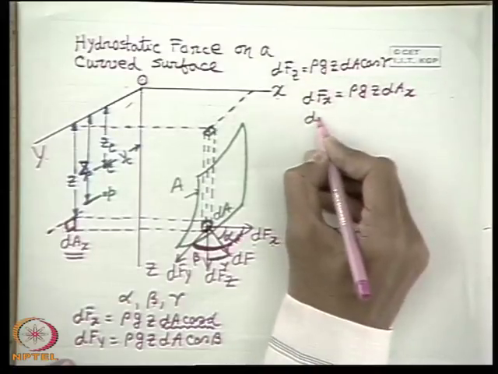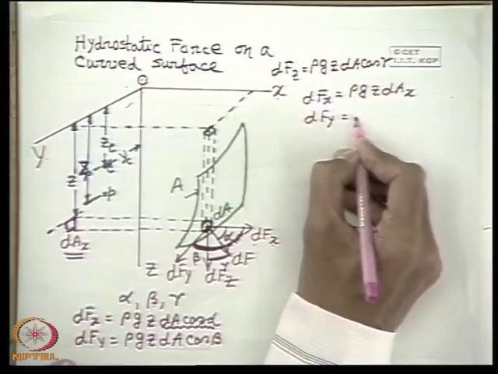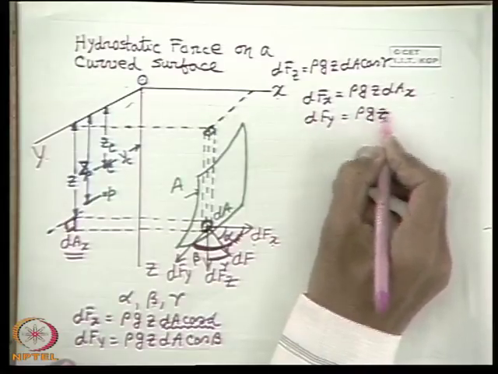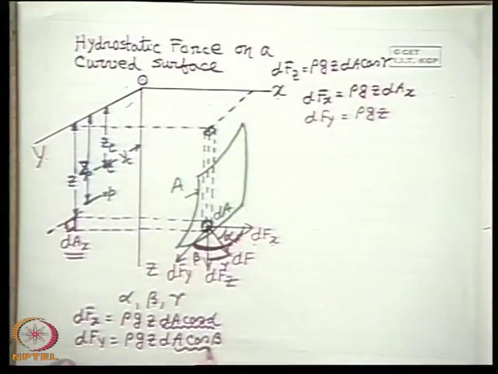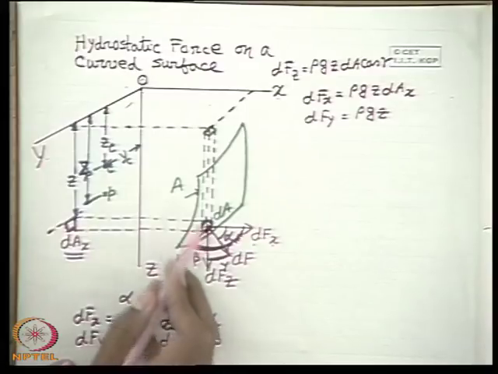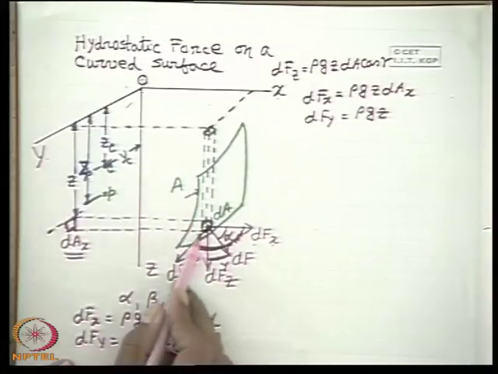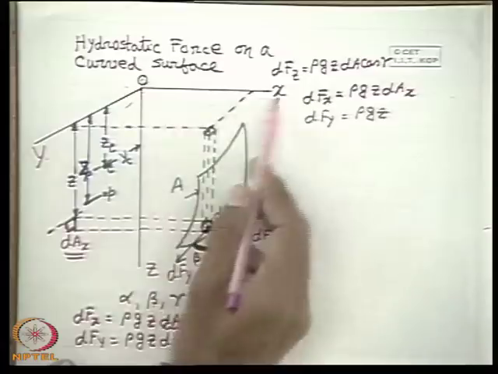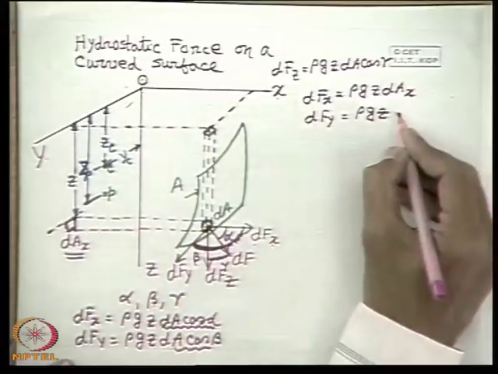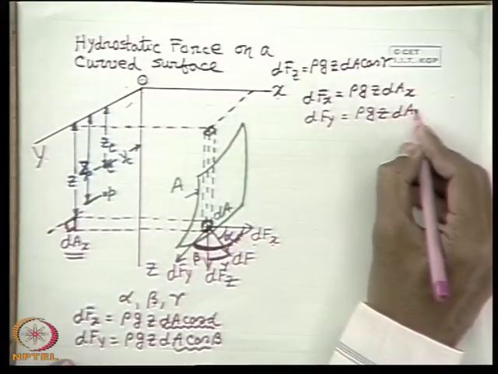Similarly dFy is rho g z dAy, where dA cos beta is the projected area of dA on a plane whose perpendicular is the y direction, that means on the xz plane.